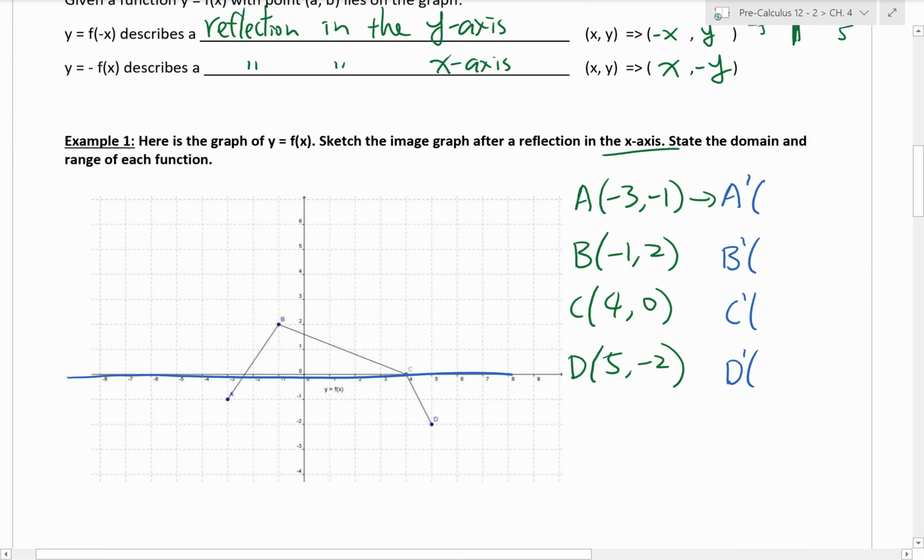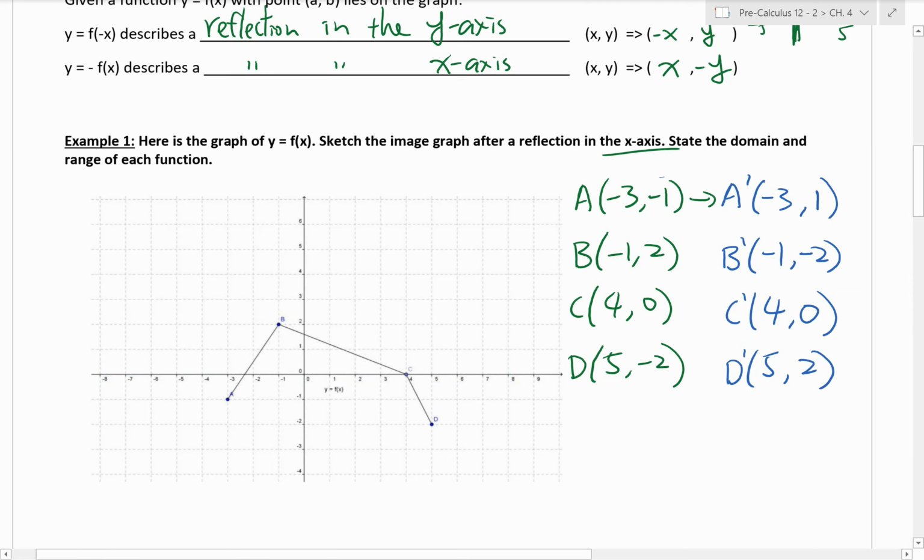That means x values remain the same: negative 3, negative 1, 4, and 5. However, the y values are just going to be the negative of what they were. This was negative 1, now it's going to be positive 1. That was a 2, now it's going to be negative 2. 0 remains 0, right? Negative 0 is still 0. Negative 2 becomes positive 2. So now here are our 4 new points.